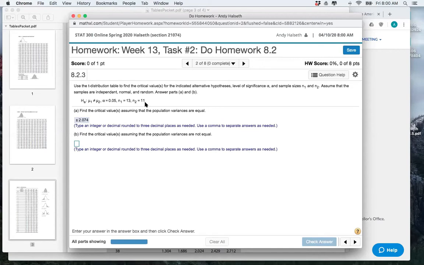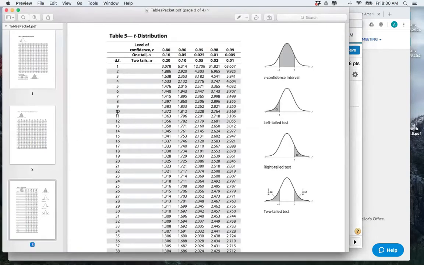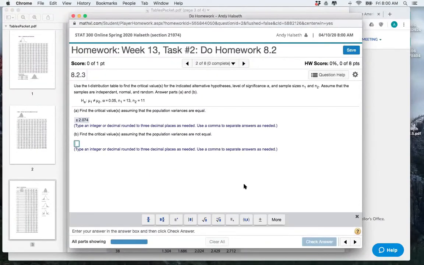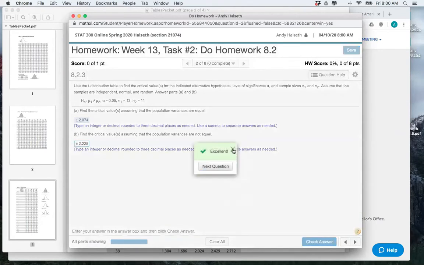And then go back to my table using the degrees of freedom 10. So if I go to my table here, degrees of freedom 10, and I'm still doing that 2 tail 0.05, I'm seeing this 2.228. So I can do my little plus minus trick, 2.228. All right, and that's how those work.